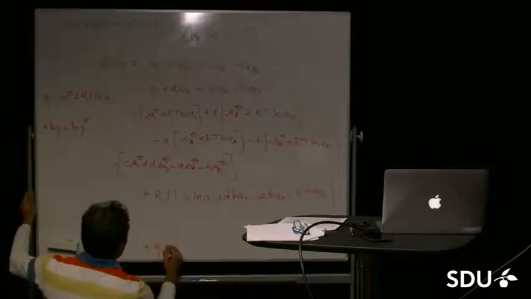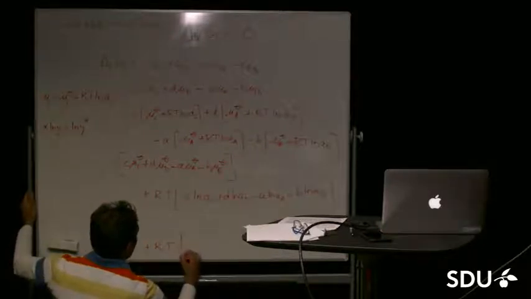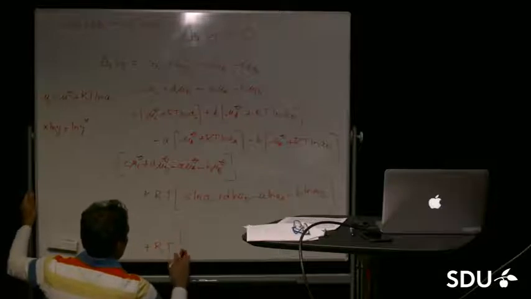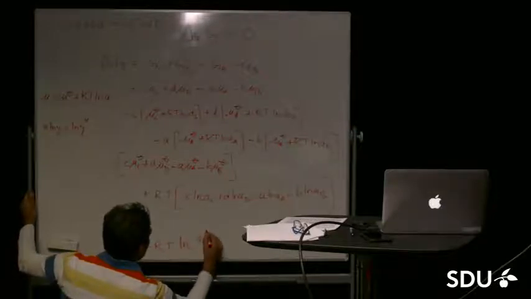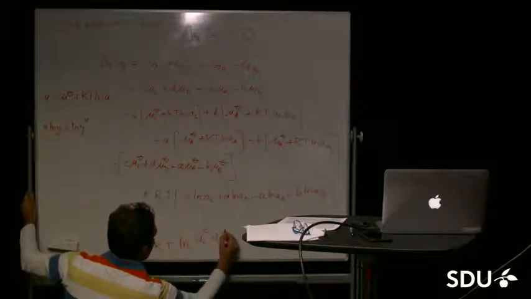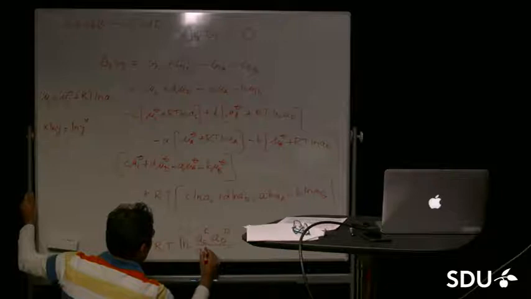We get RT multiplied by the logarithm of the activity of C to the power of the number of moles of C, activity of D to the power of the number of moles of D, divided by the same terms for the reactants.